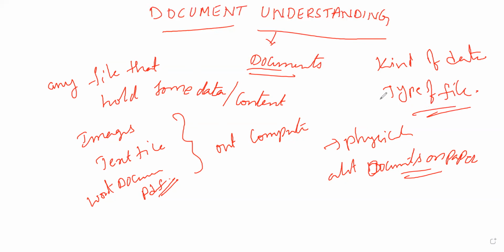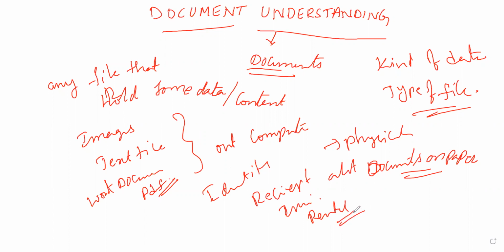It's about what kind of data it is holding, like whether it is an identity card, a receipt, an invoice or a rental agreement. That we call the type of a document.